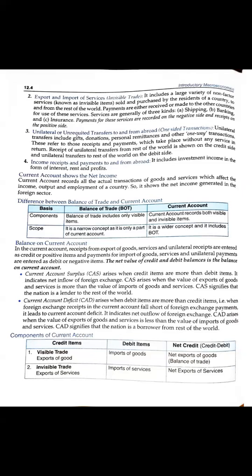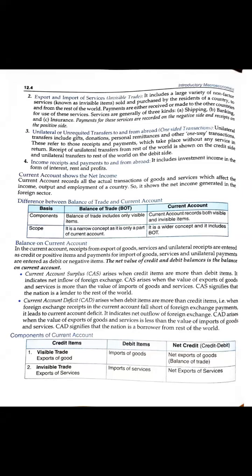What is the balance on current account? Credit minus debit. Yes. So what is the net value? The amount we are receiving minus the amount we are paying. That amount is called the balance on current account. Yes or no? So the current account includes tangible goods, intangible goods, and finally unilateral transfers.